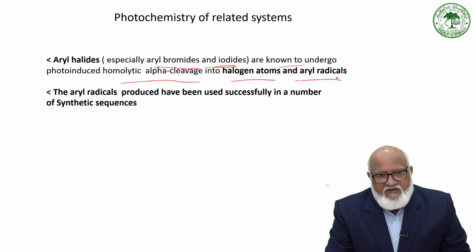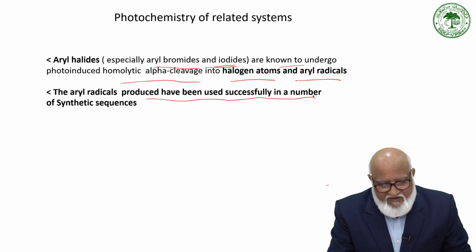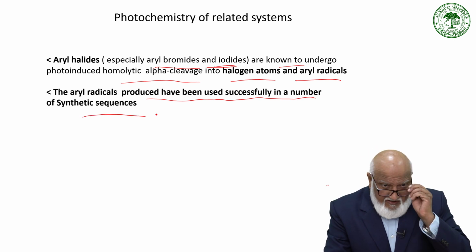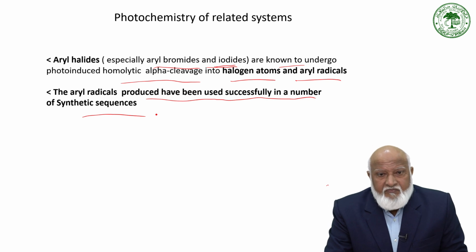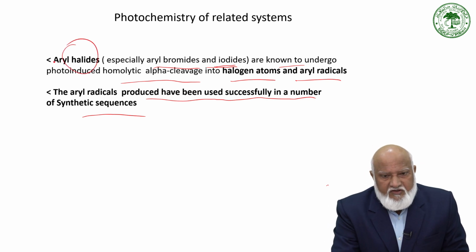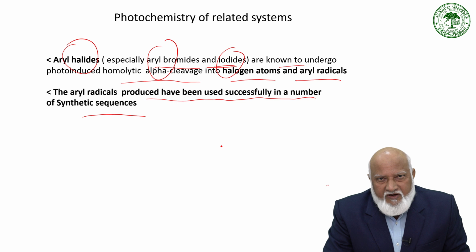These aryl radicals have been used successfully in a number of synthetic sequences. There are very interesting reactions where aryl halides, mainly aryl bromides or aryl iodides, undergo alpha bond cleavage under photolytic conditions.